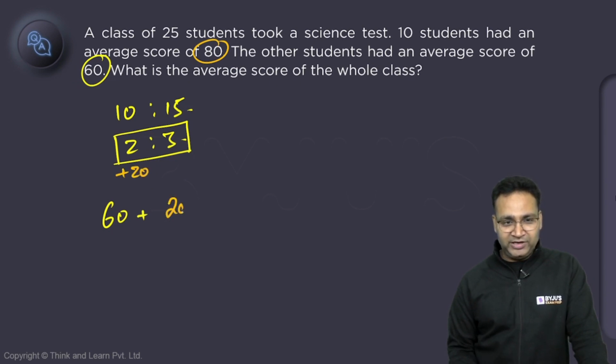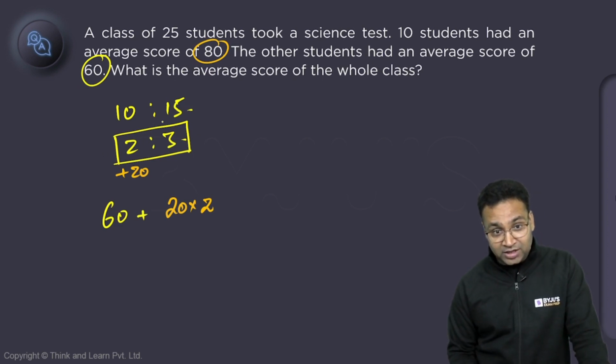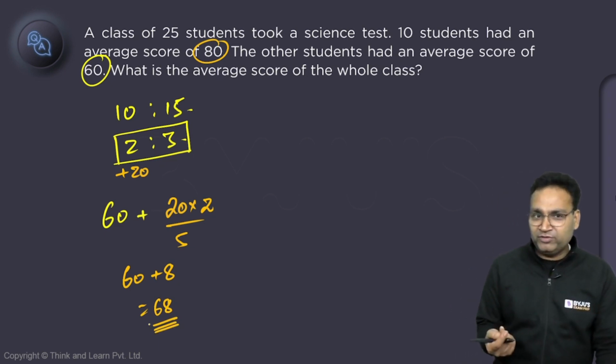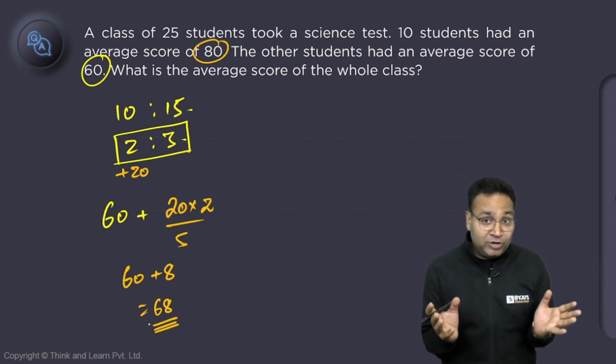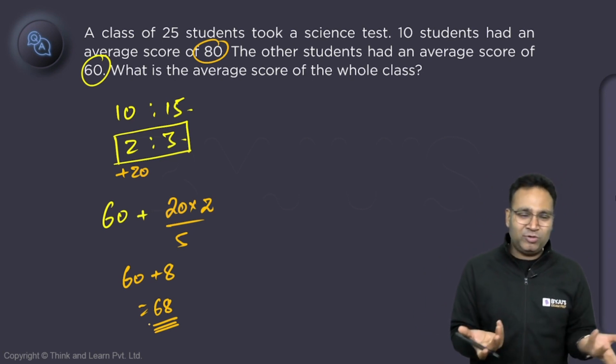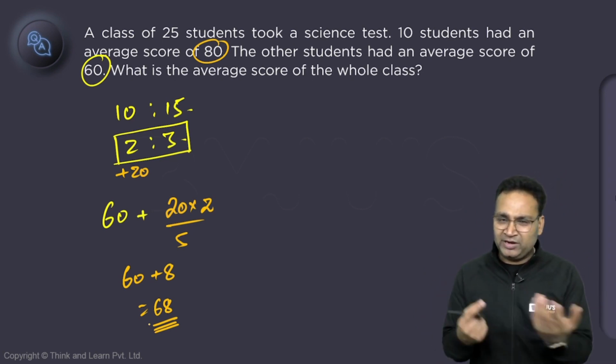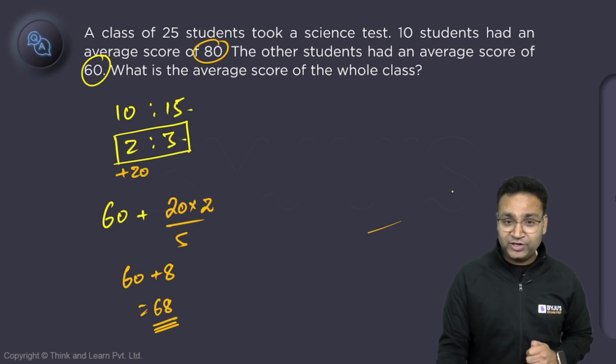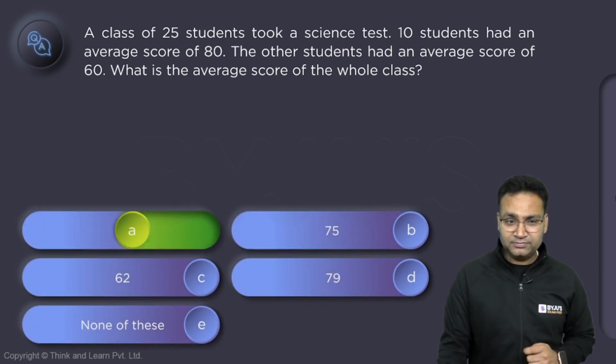So plus 20 into 2, the number of students. Divide by total. What is total? 5. So it is 60 plus 8. Although in this question the information was very straightforward and the numbers were beautiful numbers, so I did not bother to convert this into ratio and apply the deviation method. But otherwise we can do it. Answer is 68.